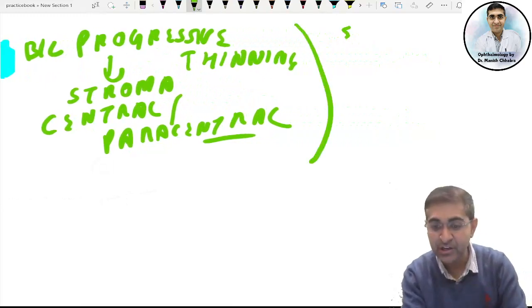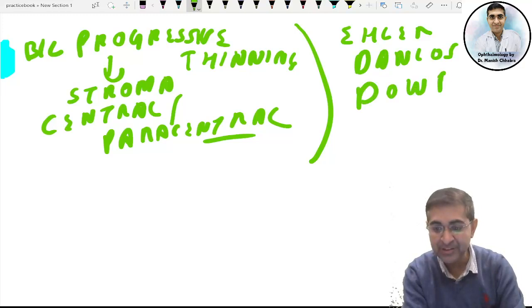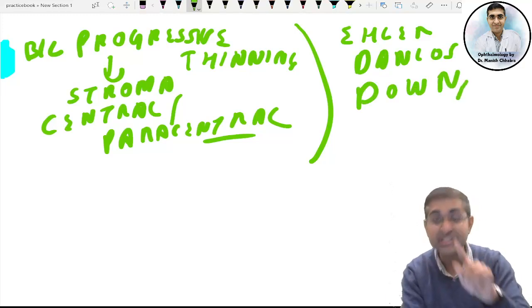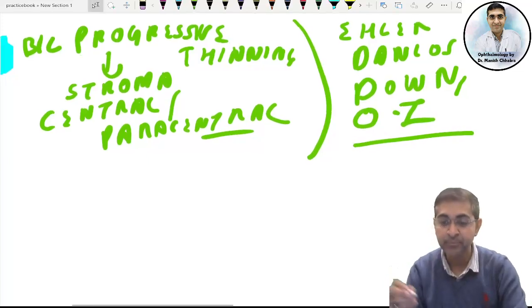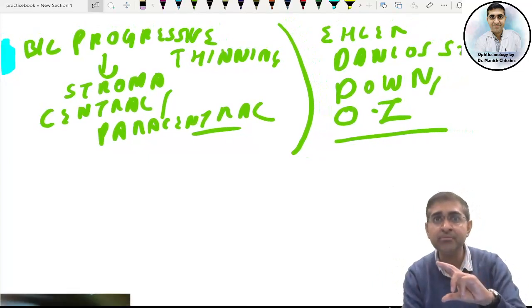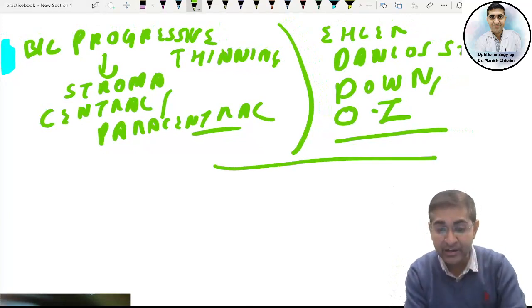It can be Ehlers-Danlos syndrome, Down syndrome, osteogenesis imperfecta, OI. There are some conditions which are acquired, like vernal keratoconjunctivitis.